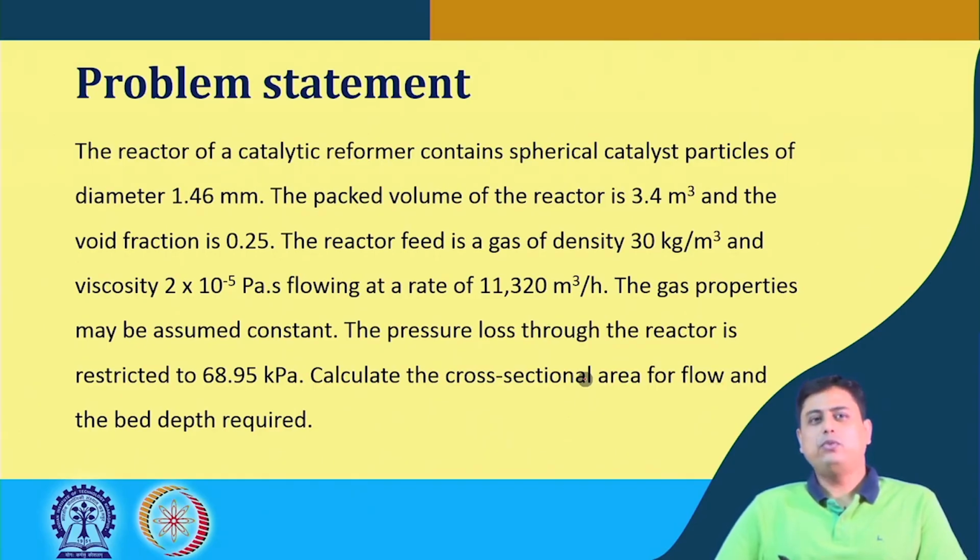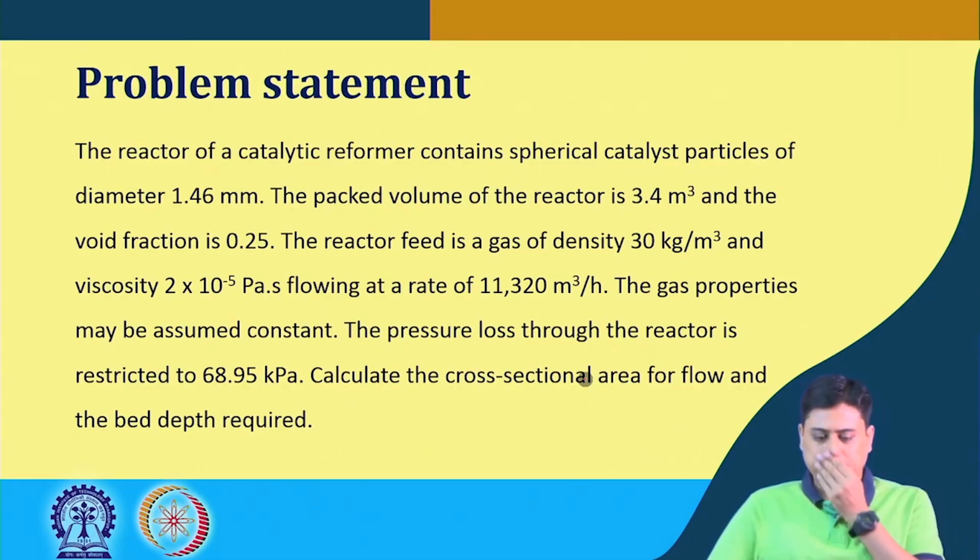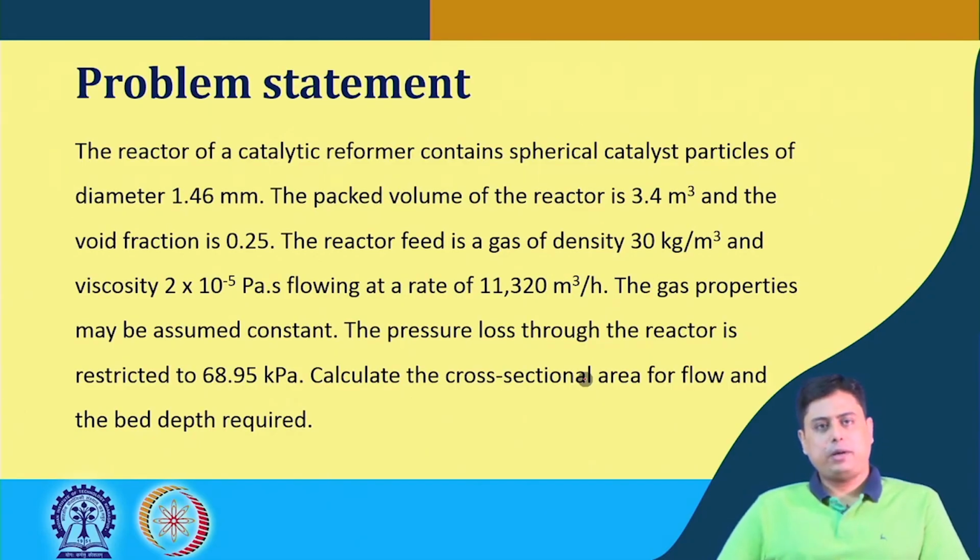Void fraction 0.25 means it is very low, there is a sufficient amount of solid particles, it is packed. The reactor feed is a gas of density 30 kg per meter cube and viscosity 2 into 10 to the power minus 5 Pascal second, flowing at a known flow rate of 11,320 meter cube per hour. The gas properties may be assumed constant.